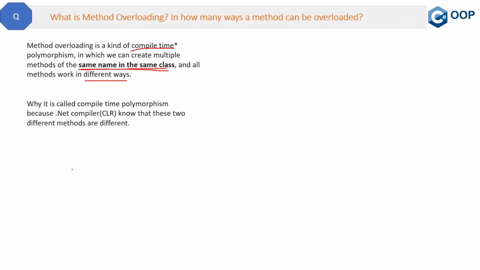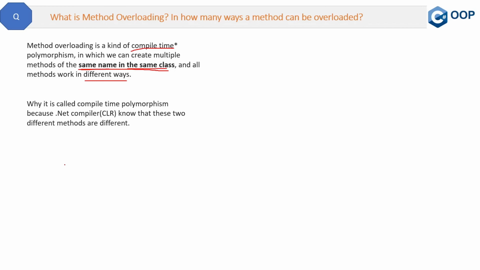Let me tell you what is compile time. If you are a beginner or if you don't know, let me give you some information here. Compile time meaning when you will build the project, then you will see some build errors, right? These build errors are identified by the .NET compiler and they are caught by the .NET compiler before running the program. These are compile time.